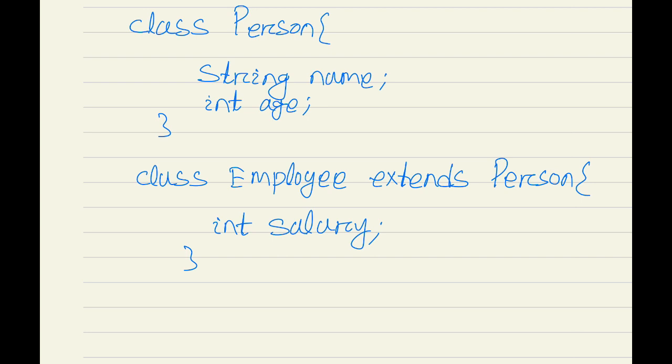Now consider we have a class Person and it has two members, one is name and another one is age. So this is class Person. Now we have another class Employee, that is a subclass of Person. That's why we have written class Employee extends Person, and in the Employee class we have one attribute or one member, that is salary of type int.